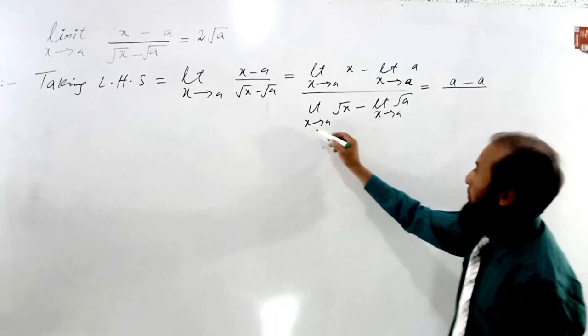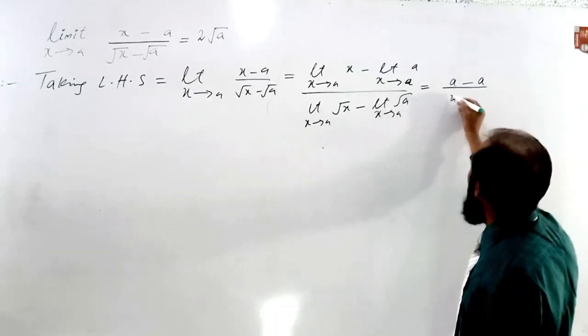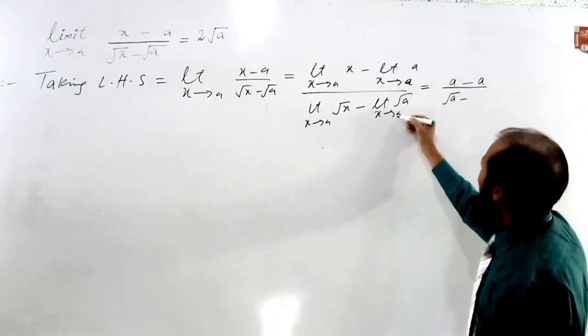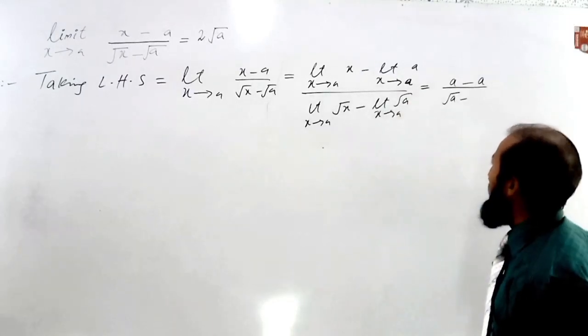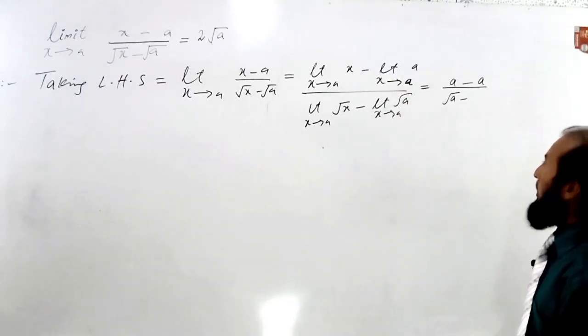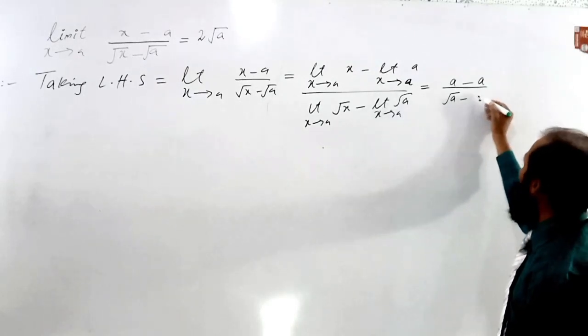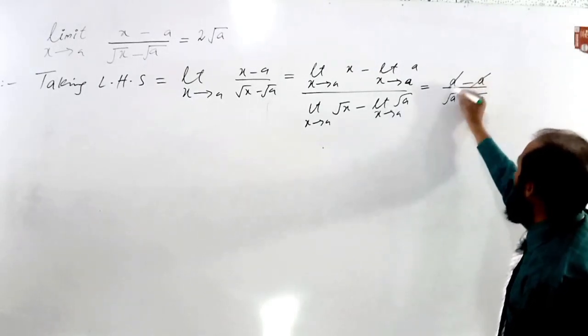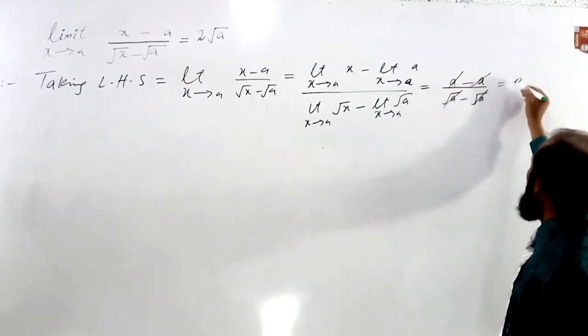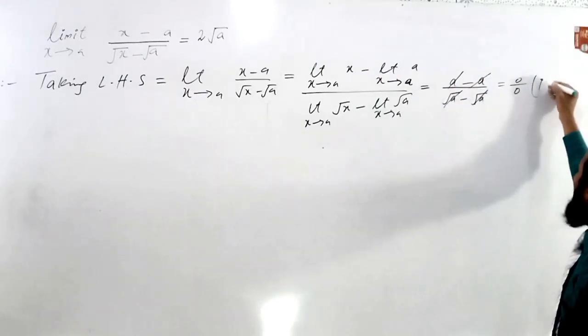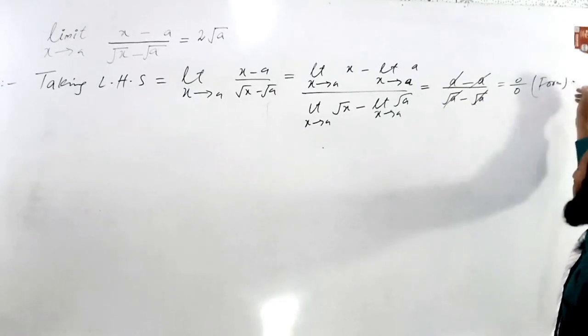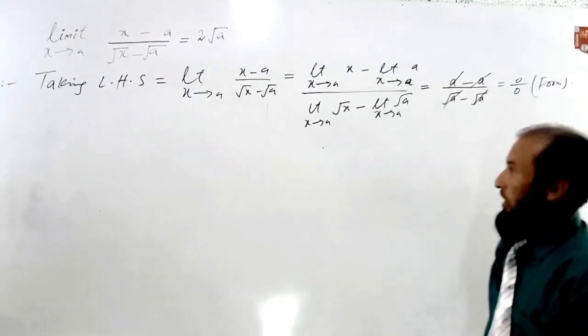Similarly, here is also the constant rule, so we put directly square root of a. Both cancel each other, so we get 0 divided by 0. So this case is undefined.